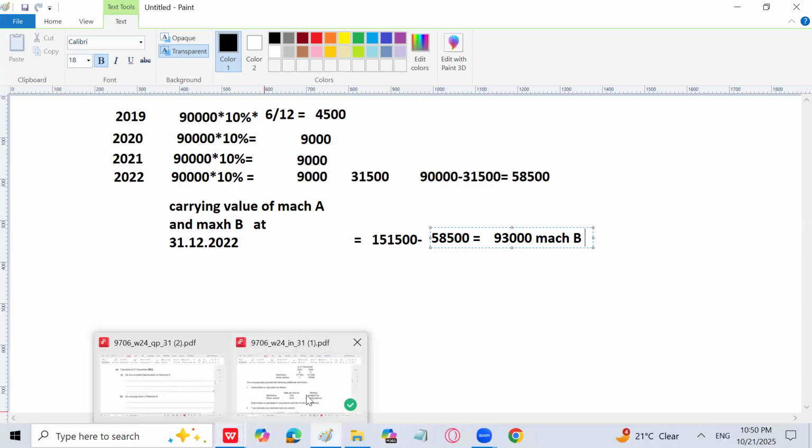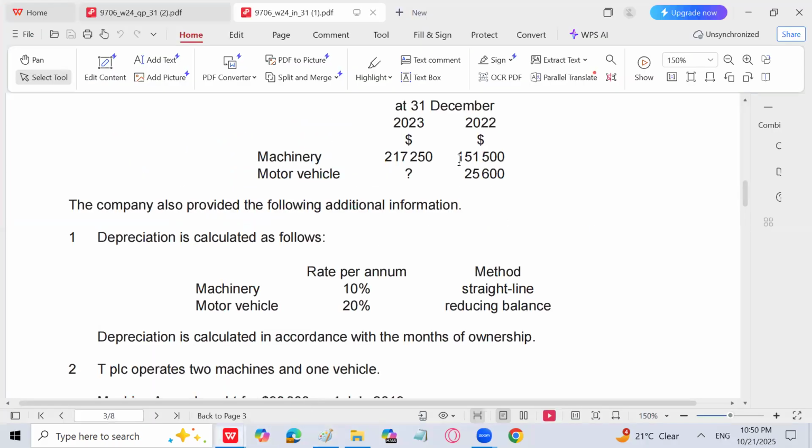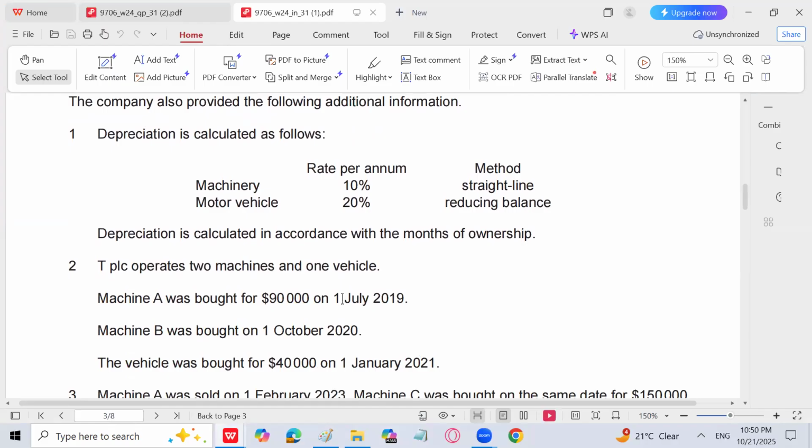So how did you find the carrying value? Here it is given. On 31st December 2022, total carrying value of machine A and B is 151,500, where machine A cost 90,000 and its carrying value was 58,500. I subtracted that. I got the carrying value of machine B at the end of 31st December 2022.